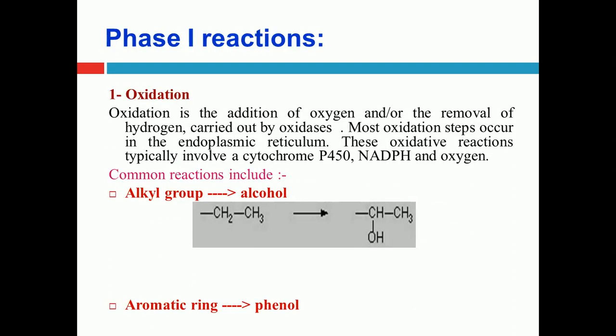So, phase 1 reactions include oxidation, reduction, and hydrolysis. We discussed in the last lecture. If we discuss the types of phase 1 reactions, if you remember, metabolism is the chemical modification of the drug so that the drug can be excreted out. For making a drug chemically changed, we need chemical reactions that occur within the body. If chemical reactions occur within the body, they need enzymes.